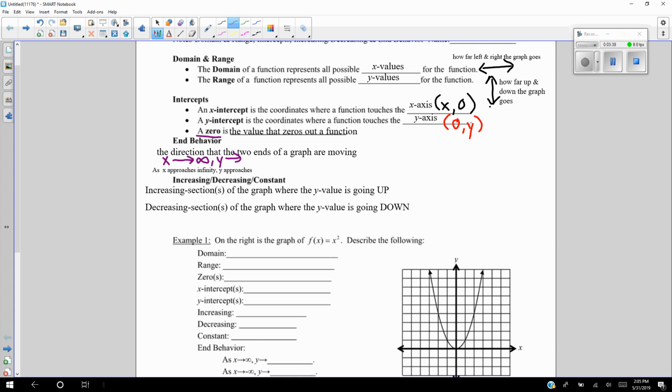There's the right end, which is demonstrated right here as x approaches infinity, and there is the left end. So you can guess the left end is when x is approaching negative infinity. When x is getting really small, we're moving to the left portion of that graph.